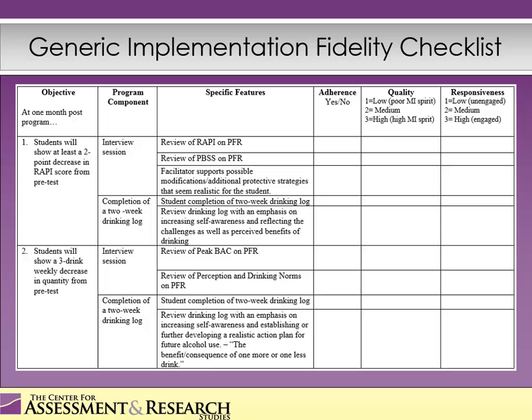Students are also expected to complete a 2-week drinking log, and then facilitators are reviewing this log with the students to help them develop a realistic action plan for future alcohol use. You can see that each of these components or specific features of the program should help students achieve Objective 2. You can also see how the checklist describes these program features in detail and aligns them with appropriate objectives.